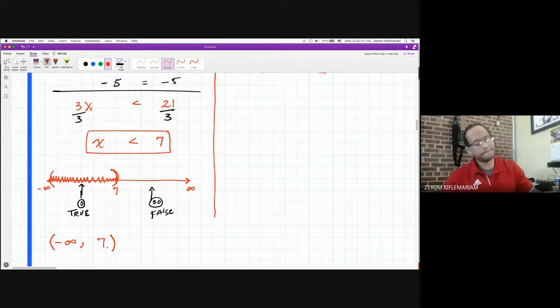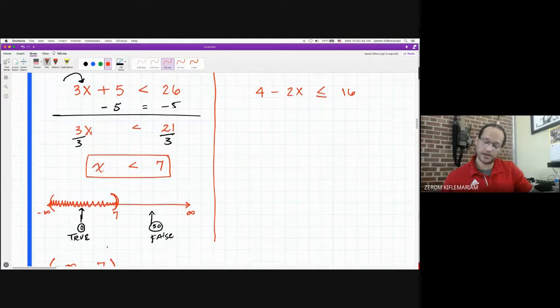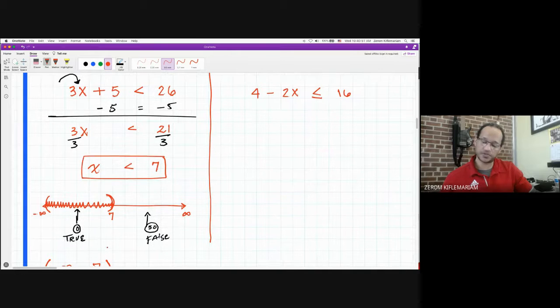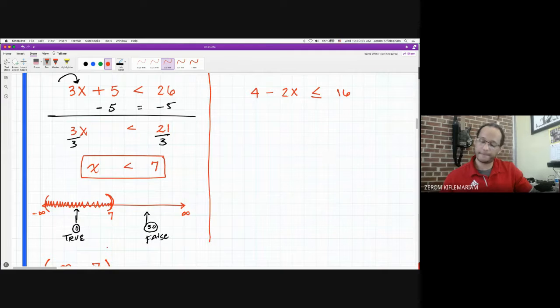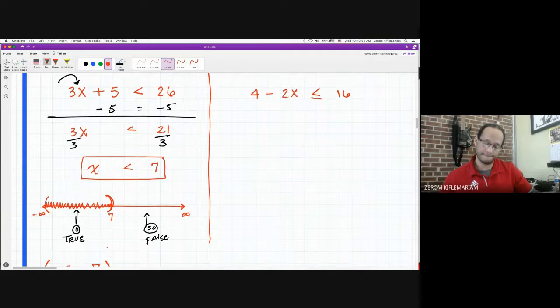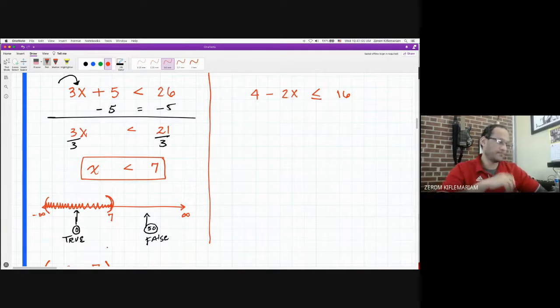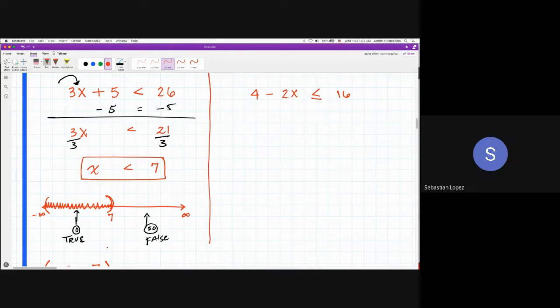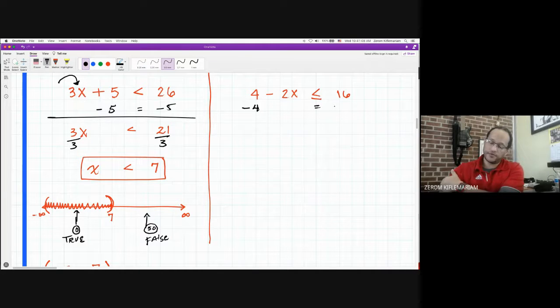Similar question, but before we start doing that one, I want somebody to walk me through this question. What do we do on the one on the right side? Subtract 4 from both sides. So subtract 4 equally from both sides.